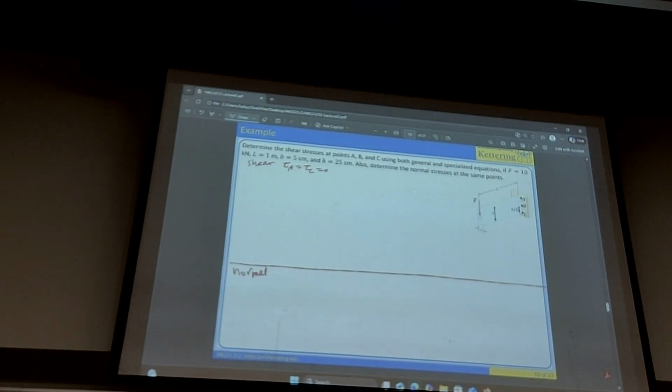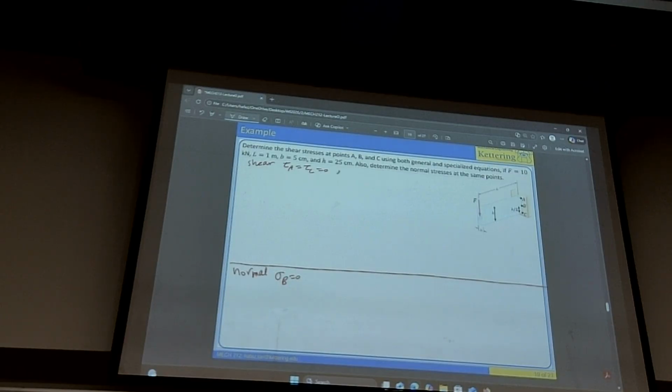And at which points is normal stress 0? B, very good. At which point is shear stress maximum?